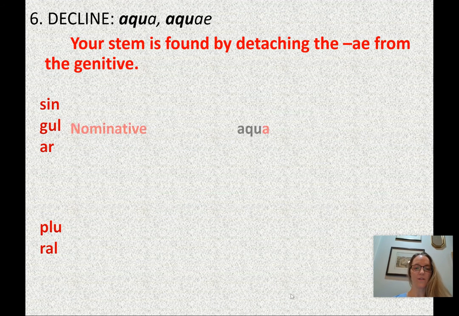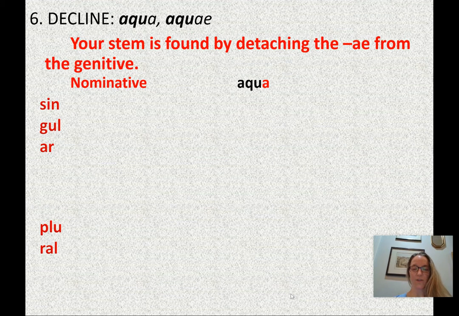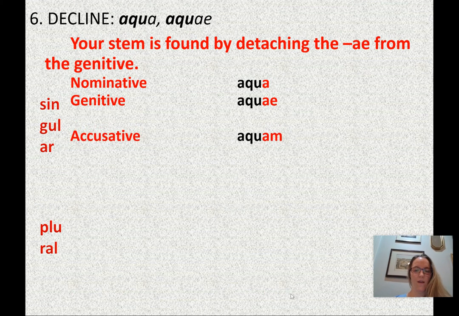Whenever you learn a word, the first 2 words are always there. So the nominative singular, aqua, with an A ending, and then the genitive singular, which is aquae. So you'll always know the first 2 cases right away. Next, we have aquam and aqua, the accusative and the ablative.